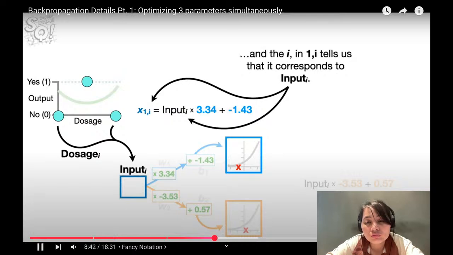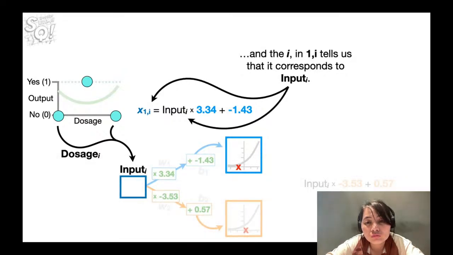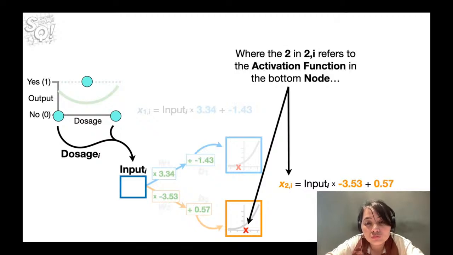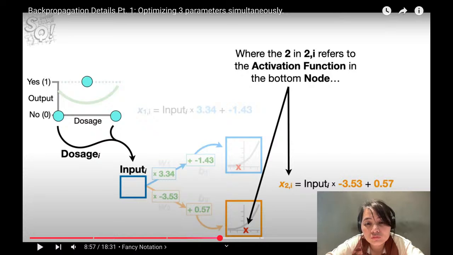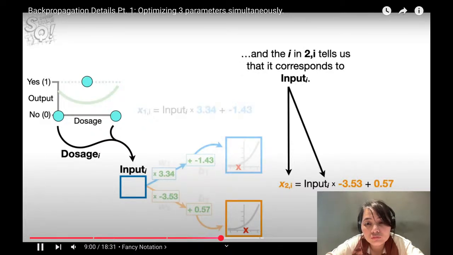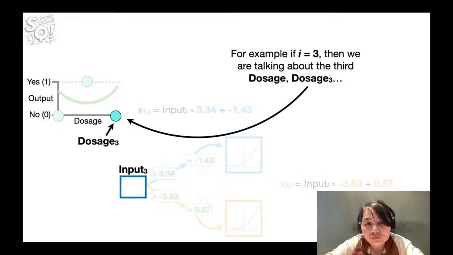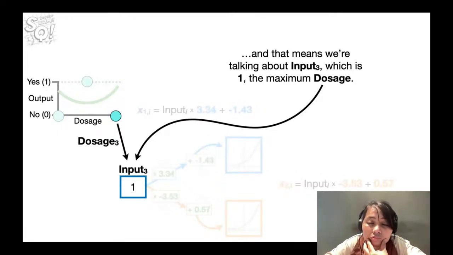And the I in 1, I tells us that it corresponds to input sub I. Likewise, let's call this x-axis coordinate x sub 2, I, where the 2 in 2, I refers to the activation function in the bottom node, and the I in 2, I tells us that it corresponds to input sub I. For example, if I equals 3, then we're talking about the third dosage sub 3. And that means we're talking about input sub 3, which is 1, maximum dosage.